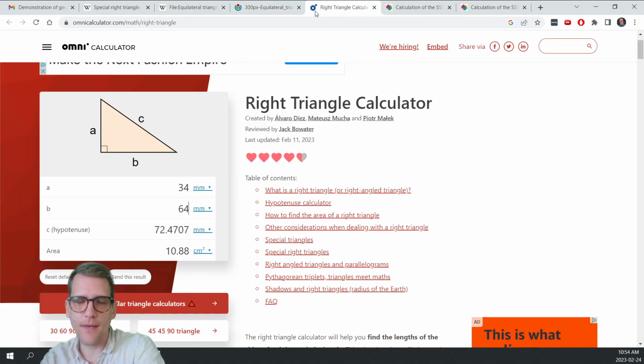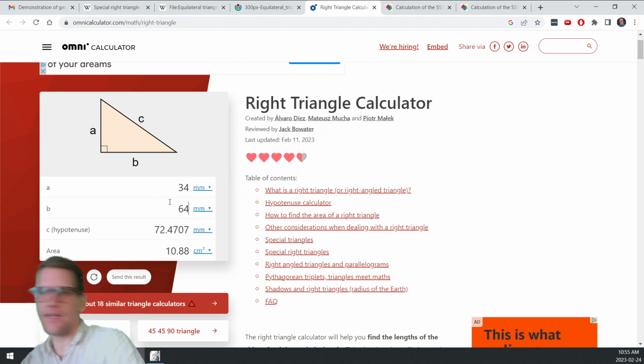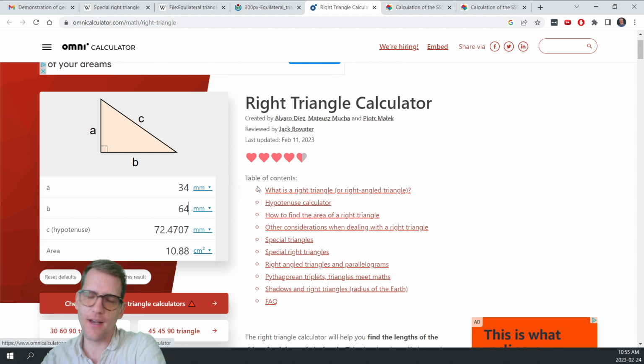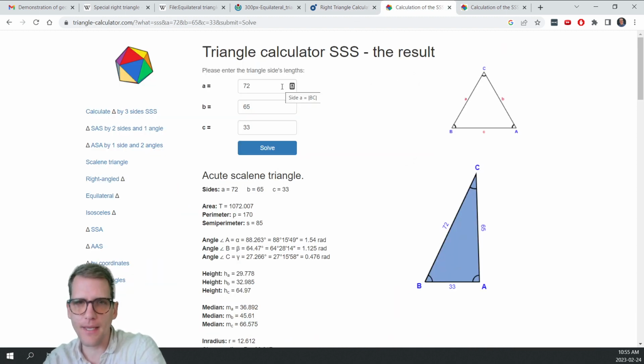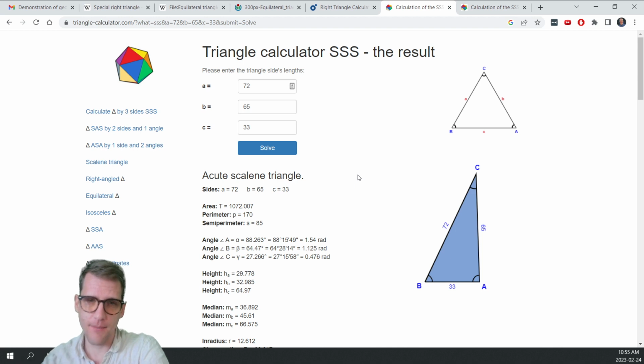But if we actually do some of the calculations, right, we've got a side A, which would be 34 millimeters in the diagram, side C 72, and side B 64. If we go back to the initial charts, you can see it. We're close. We're really close. I'm bringing in the actual calculations here from the diagram I made on top of your images.